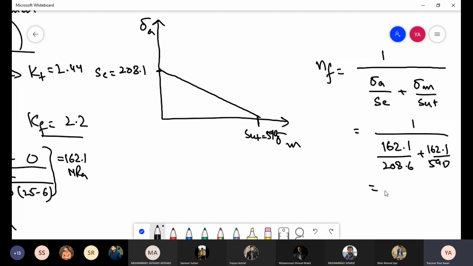So that gives us a fatigue factor of safety of 0.95. So that means according to our modified Goodman criterion, this part will not have infinite life.